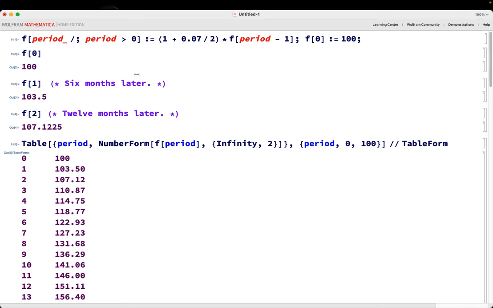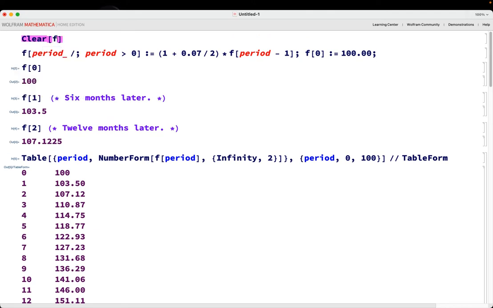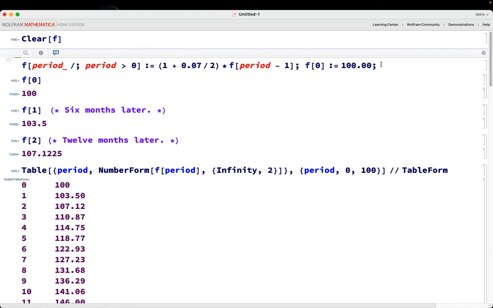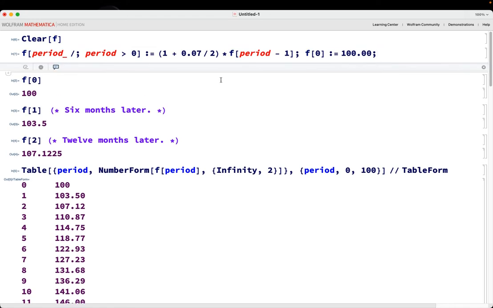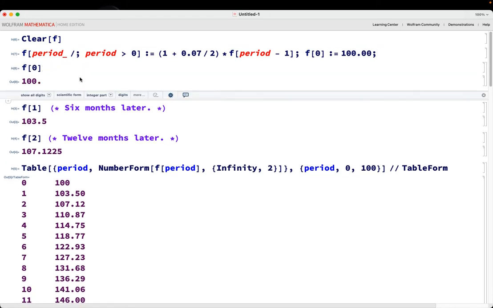Sorry about that, guys. You know, for this one, I think I want this to be a decimal number. That might look a little bit nicer. Let me start over again. I could go up here and clear F, Shift Enter, and F of 0, yeah.